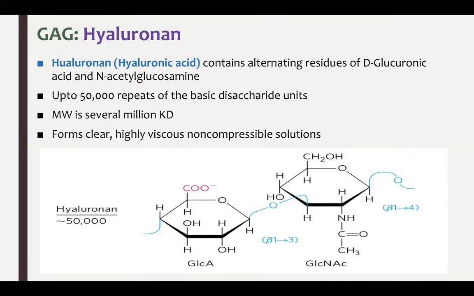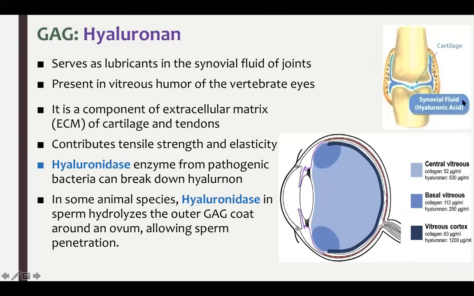The hyaluronic acid is found mainly in the synovial fluid and the vitreous humor. The synovial fluid is mainly found between the joints. If we look at the elbow or knee, there are joints.